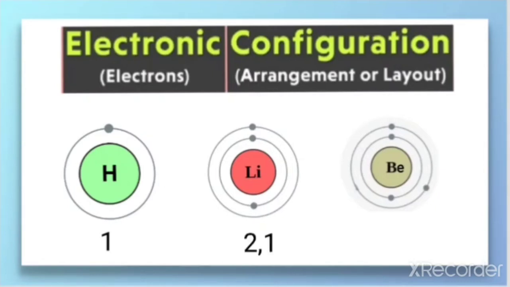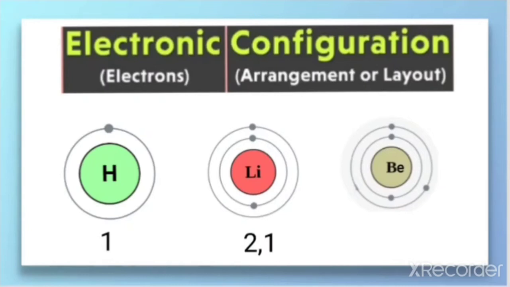How is it 2? Because the number 2 represents the 2 electrons in the first shell. I am writing 2 first because it is in the first shell. You can see here there are 2 electrons in the first shell. And what about the second shell?